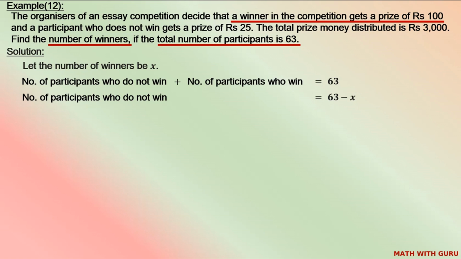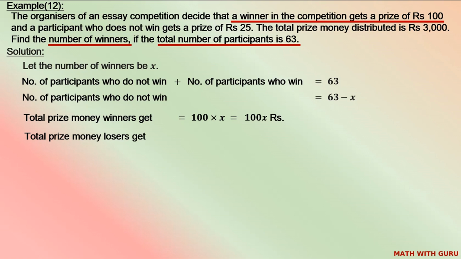Now, a winner in the competition gets a prize money of rupees 100. Therefore, total prize money winners get equals 100 into x, that is 100x rupees. Total prize money losers get, that is those who do not win, equals 25 into 63 minus x rupees. The actual prize money distributed is rupees 3000.